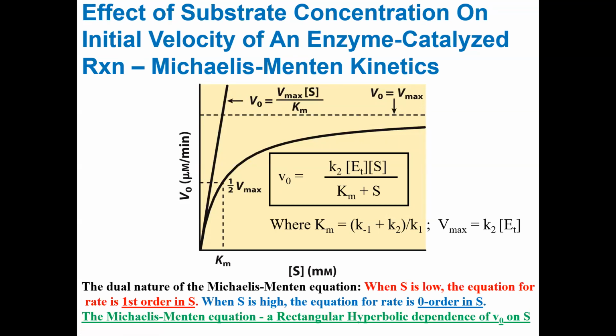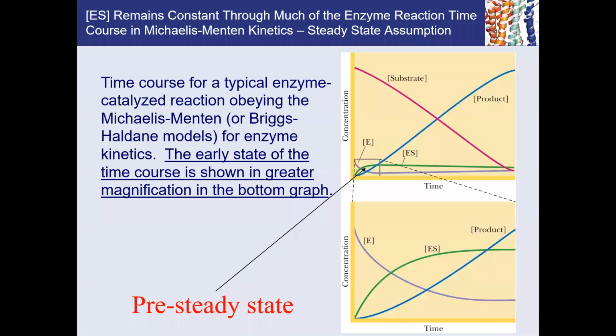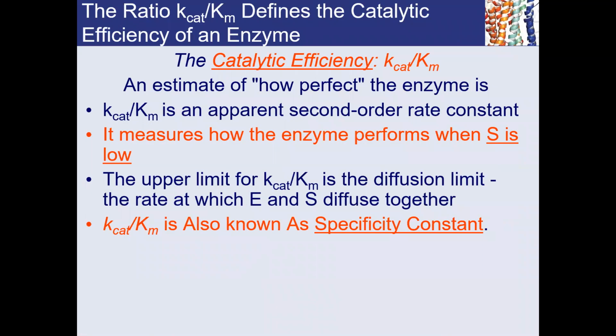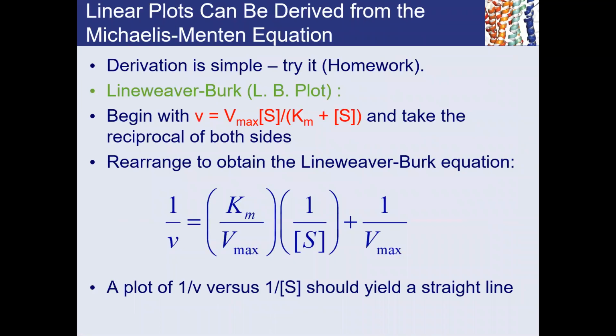But if you do not want to do this non-linear fit, if you just want students to calculate Km and Kcat and Vmax, etc., you can do what we call linear plots that are easy to do, also known as the Lineweaver-Burk plot, or double reciprocal plot.